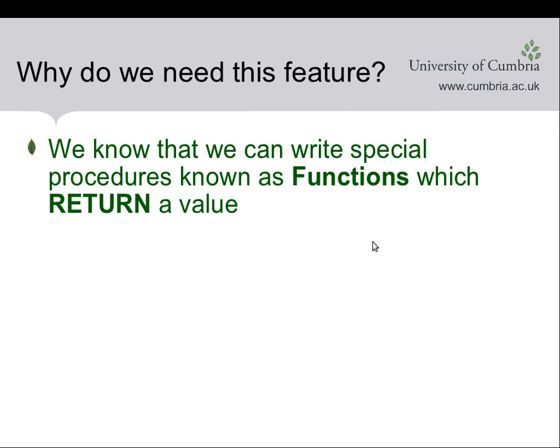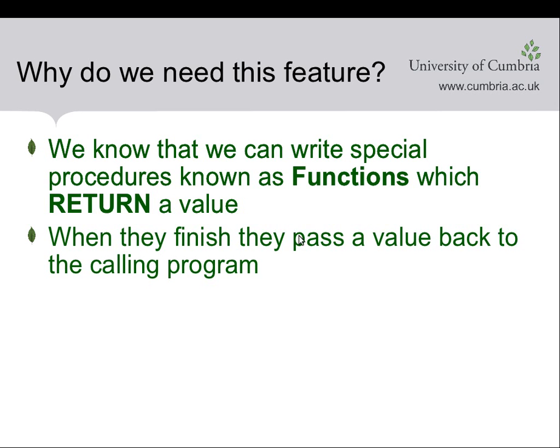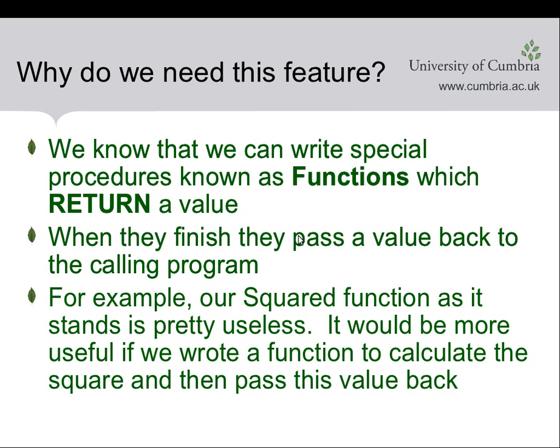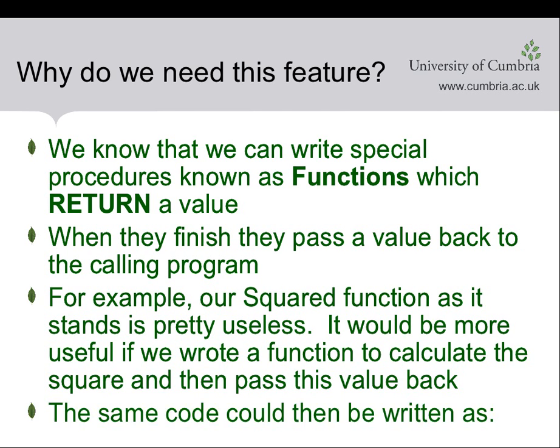But you might be thinking, well, why do we need that? We know that we can write special procedures known as functions which return a value when they finish execution, and for example our squared procedure as it stands is pretty useless, and we saw earlier on in this lecture that we can write the squared better as a function than as a sub-procedure.